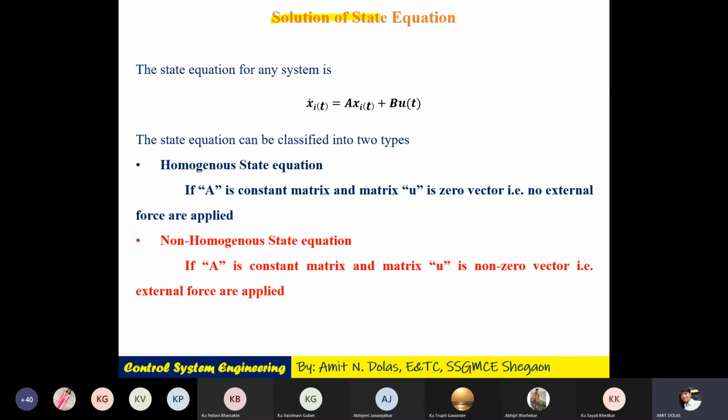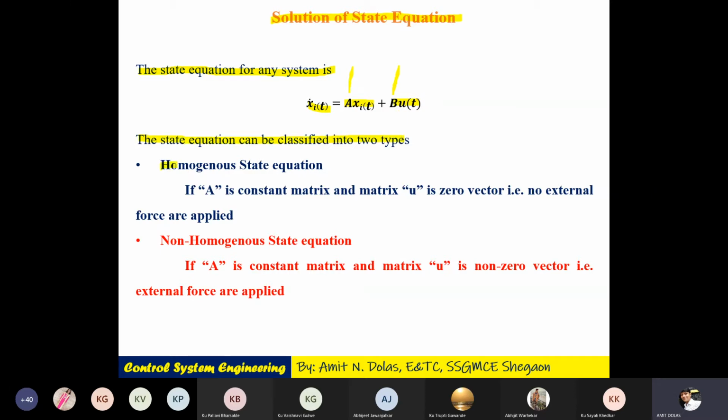So, solution of the state equation. The state equation for any system is, of course, of this form: x dot equals Ax plus Bu. This is the format where A is the system matrix, B is the input vector, likewise.